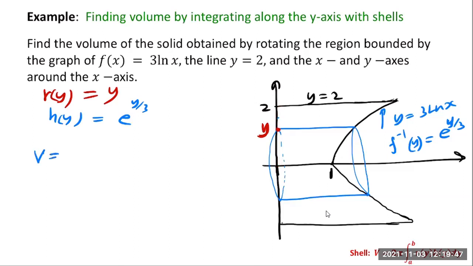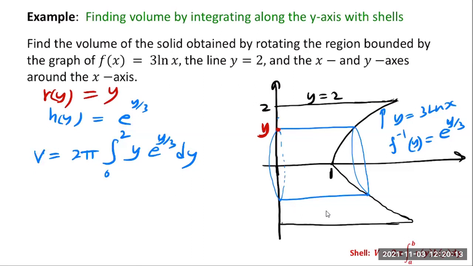So the exact volume of this solid is given by 2 pi times the definite integral from 0 to 2 of r(y) h(y) dy. r(y) is y, h(y) is e to the power y over 3. All you need to do is calculate this definite integral.